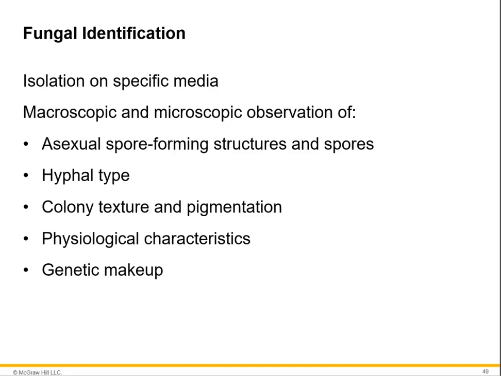So you would inoculate that media, and then you would grow the organisms and look for macroscopic and microscopic signs of asexual spore-forming structures, what type of hyphae they have, colony texture and color, physiologic characteristics. So, for instance, does it metabolize hydrogen peroxide? And then finally, you could look at the genetic makeup.